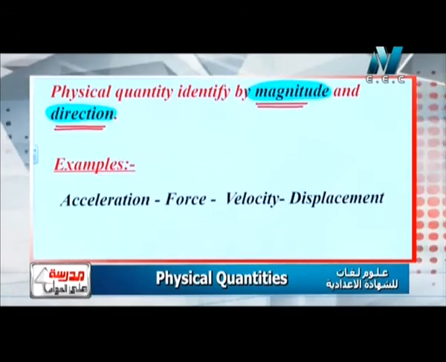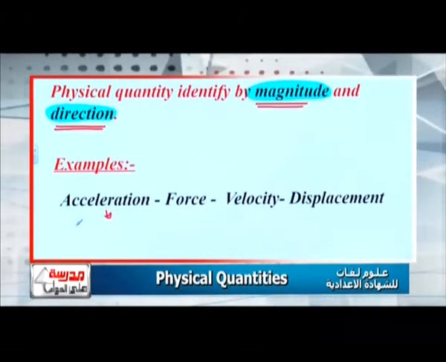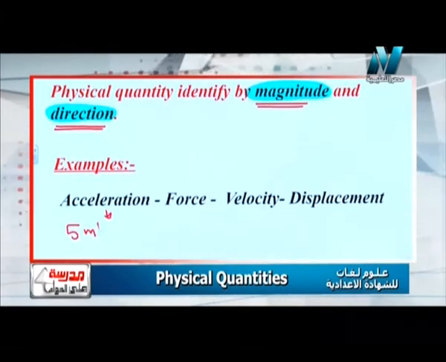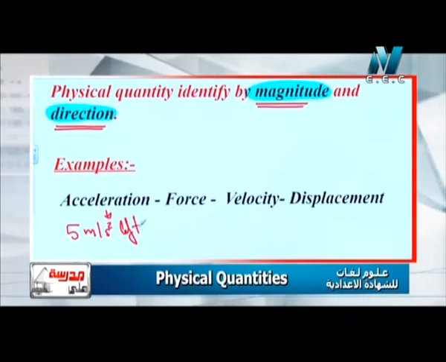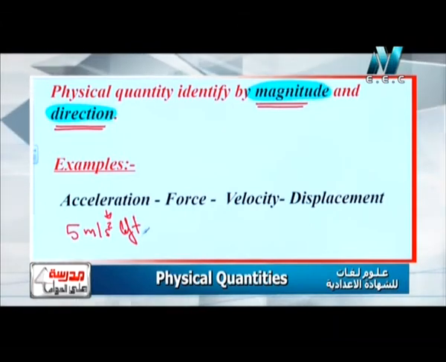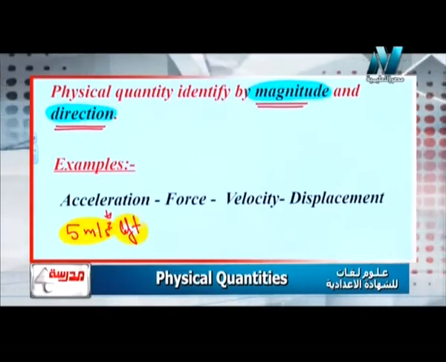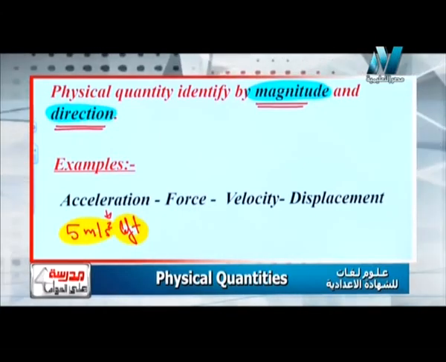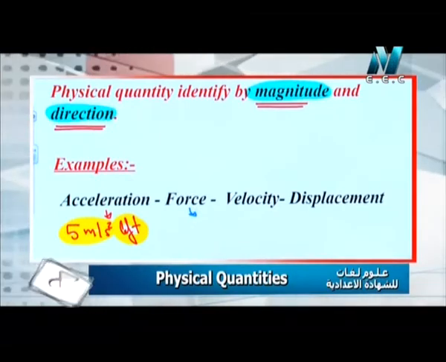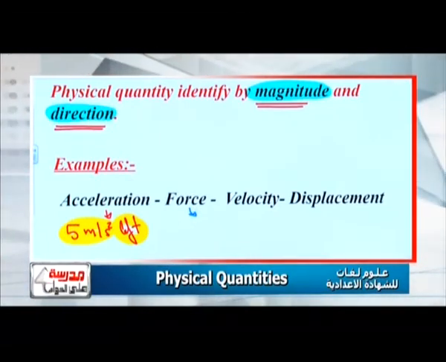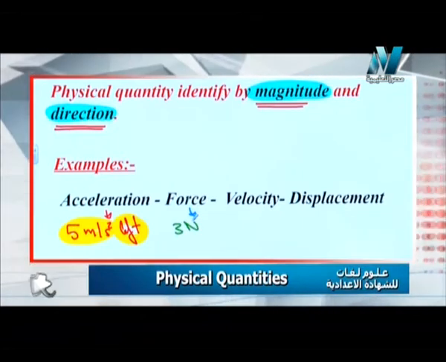So for example, if we have to identify acceleration, we can say 5 meters per second squared to the left, meaning moving toward the north with this acceleration. So we identify it by magnitude and direction. And force, for example, we can say 3 Newton south.